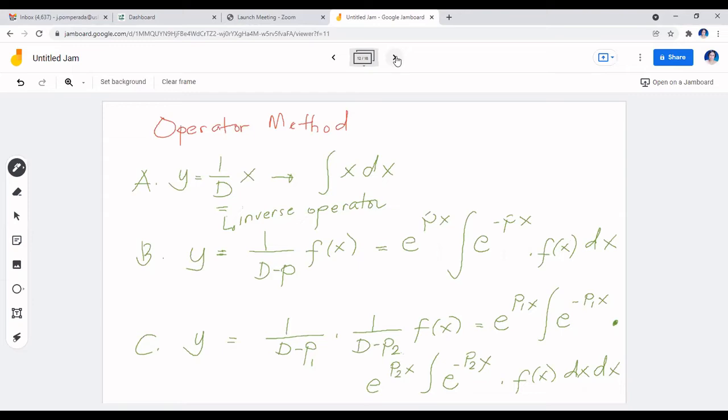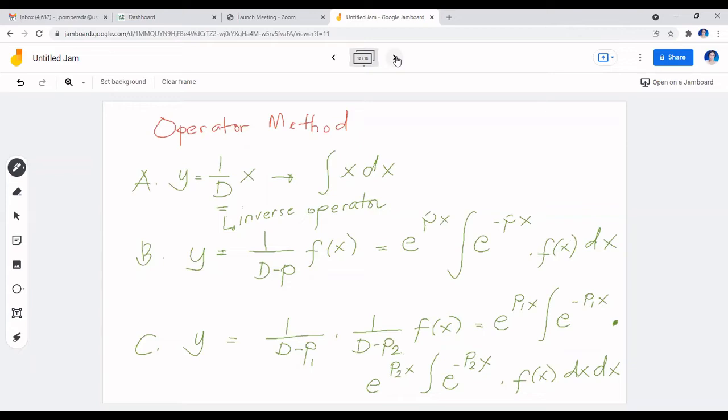So if the roots of your characteristic equation are not real, let's say for example, it is imaginary, it has 2i, 4i, or i, or it's complex, more so if it's complex, this method cannot be used because this requires that your characteristic equation should have real roots. So meaning your left side of the DE should be factorable, and it will have real roots only. If not, then you cannot use this one. You stick to method of undetermined coefficients.